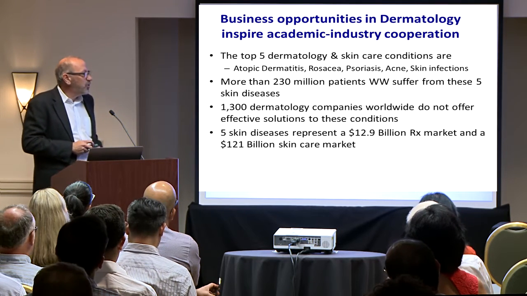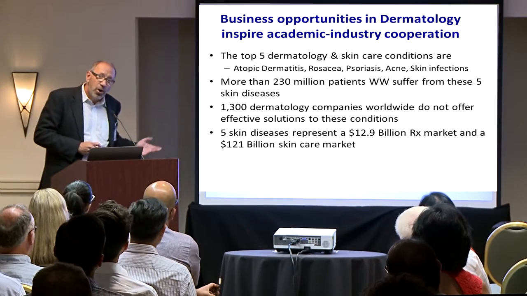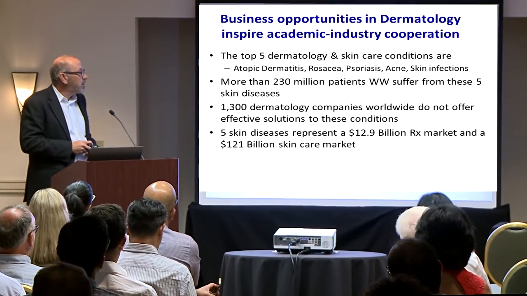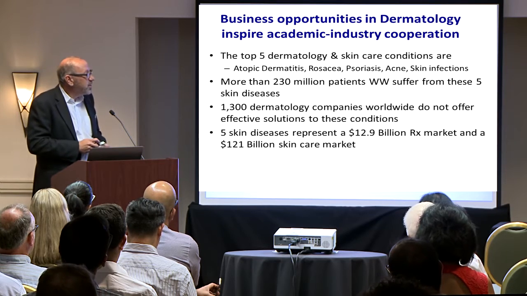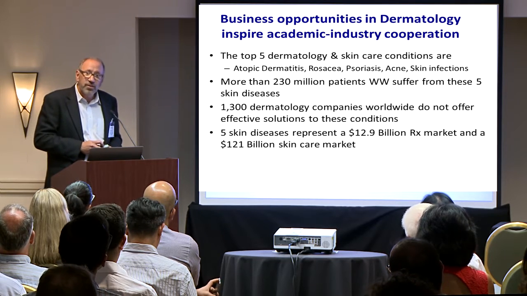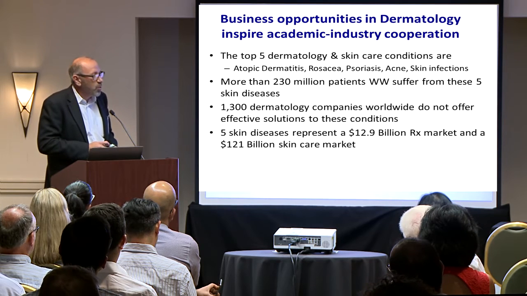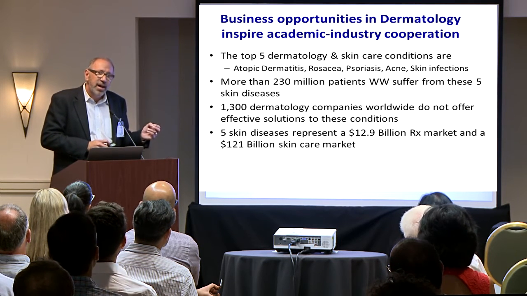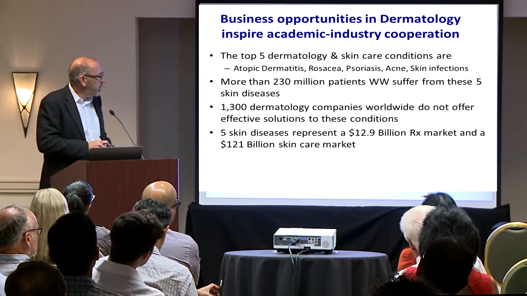There are at least 230 million people worldwide that suffer from these diseases. That's probably an underestimate. About 1,300 dermatology companies are attempting to address these, but most of these diseases are incompletely addressed right now. Perhaps the one exception is psoriasis, where we're finally getting a handle on some of the drug systems that can actually affect a 90 or 99% better treatment efficacy.